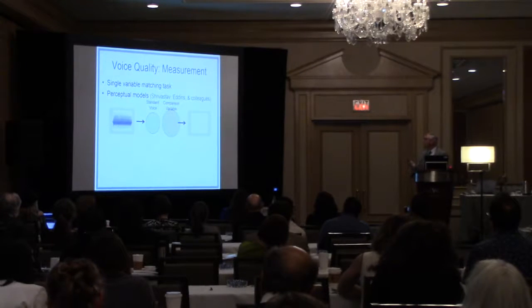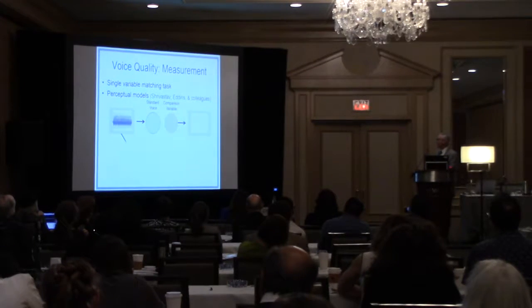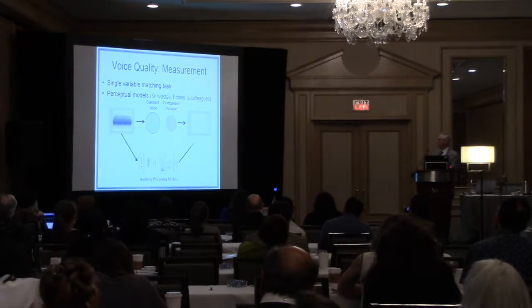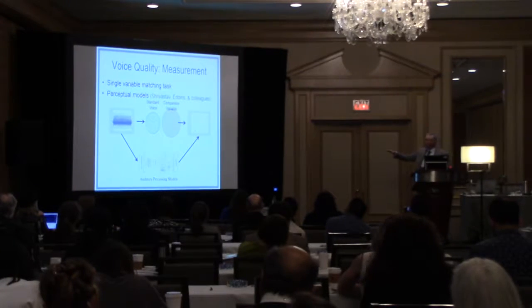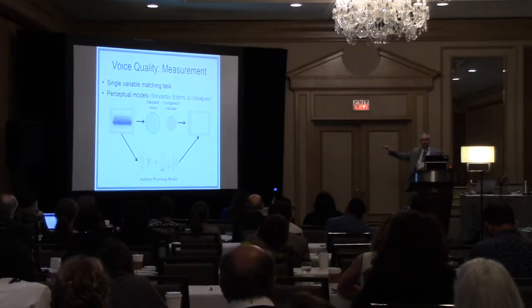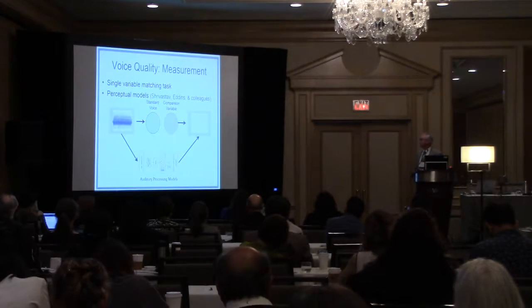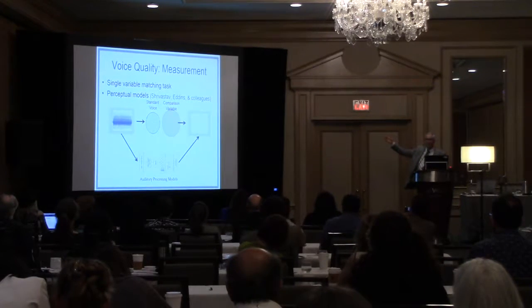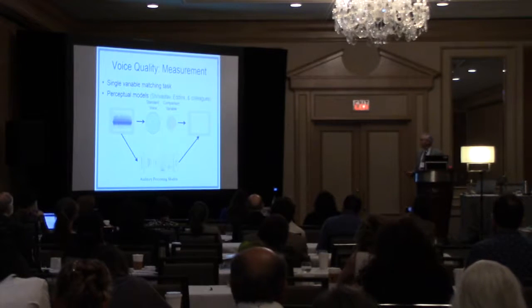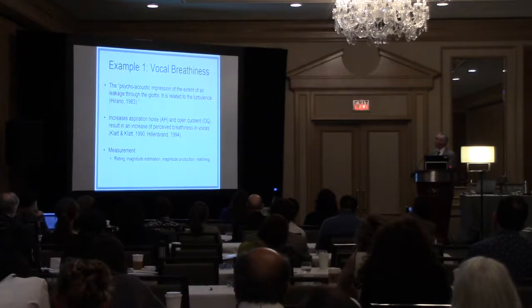That's called a single variable matching task. And then we take that acoustic signal, we put it through mathematical computations that reflect all of those processes going on in the auditory system to try to predict the perception.